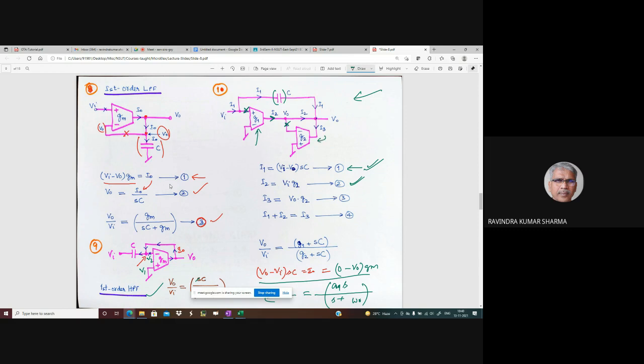Inward current will be inverting voltage minus non-inverting voltage times G2. So this is equation 3. Is that okay? Yes, sir. Then equation 4 is what? Equation 4 is the KCL written at this point.